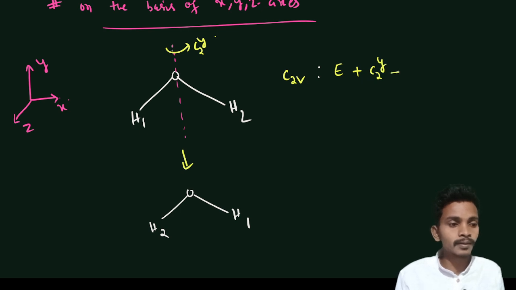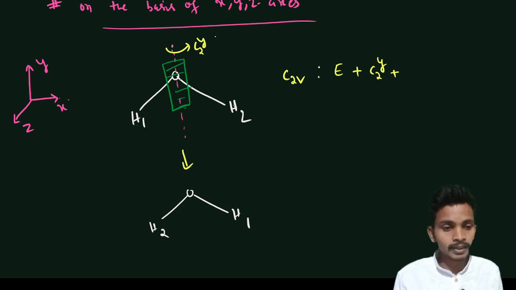After that, we have the plane passing through oxygen, and it will reflect H1 and H2. Again this will get reflected. We already discussed that this is passing through the y and z axis, so this is sigma yz. Sigma yz is also there.